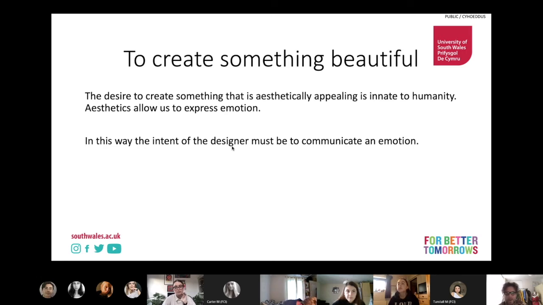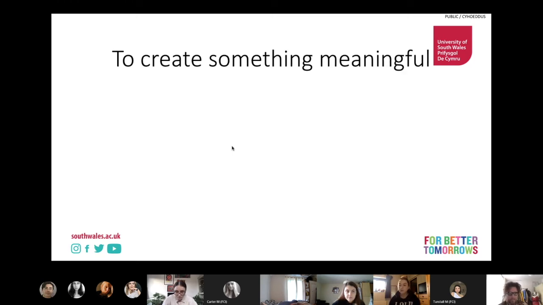That's either to communicate emotion themselves or to enable the user to communicate an emotion. Now, in the case of something like jewelry design, you might wear a specific crown that would communicate how you felt that day. It's an odd choice of an accessory, but there you go.